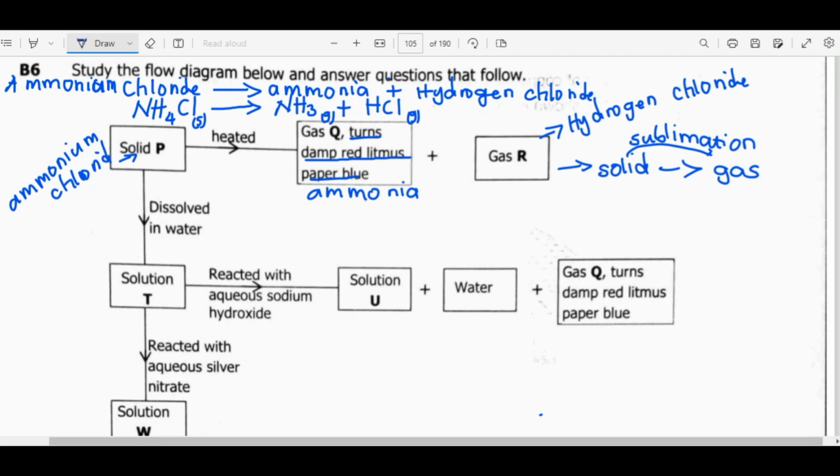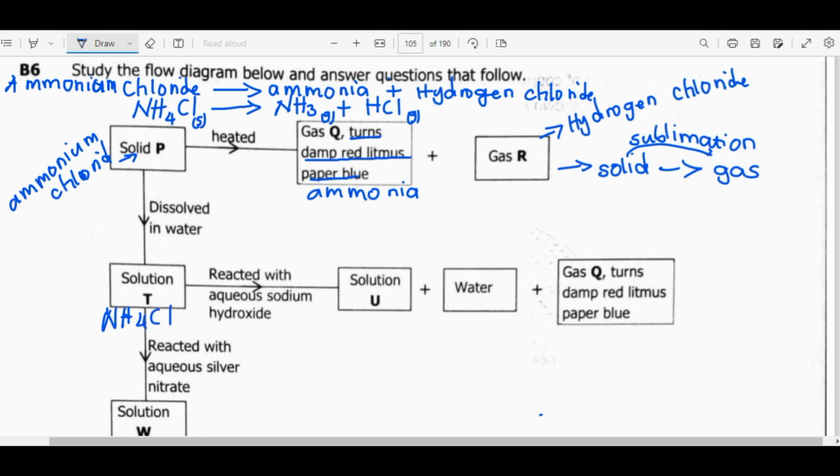Now we look at this point here. What happens to ammonium chloride if it dissolves in water? It is going to give us ammonium chloride, which is now in solution. The chemical formula is still NH4Cl.